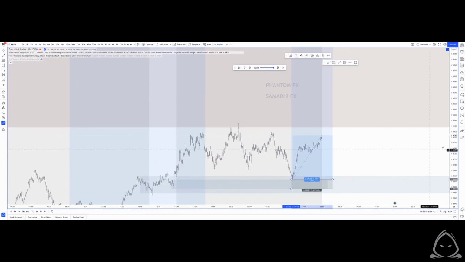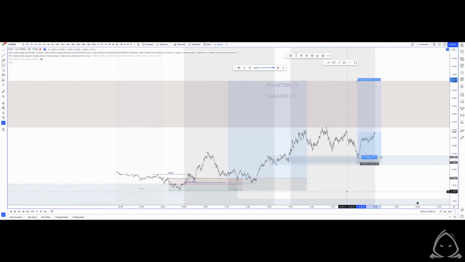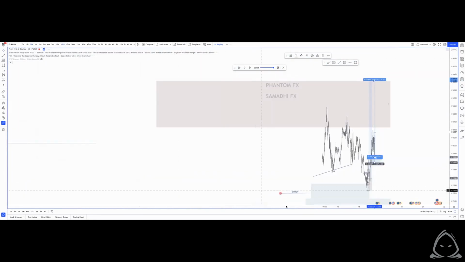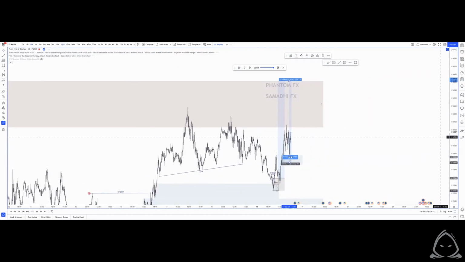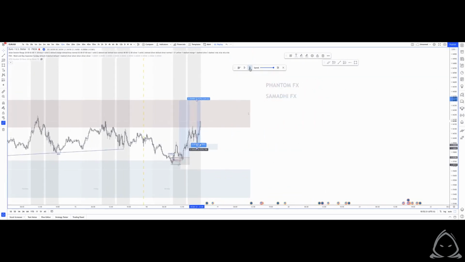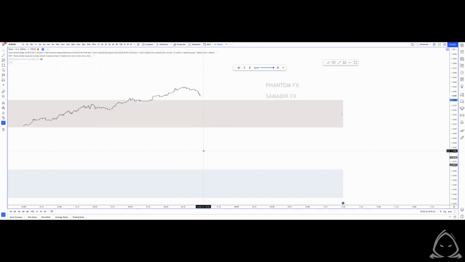Is another 1 to 14. Okay, let's see. Okay, target hit.